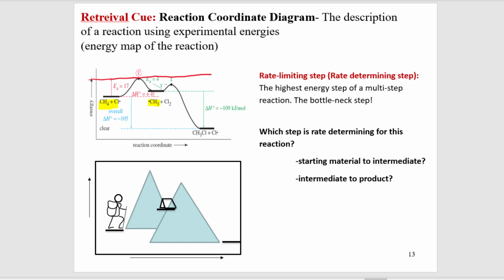It's not about the difference. We're going to talk about activation energy in a minute. We're only comparing the peaks to one another. Whichever is the highest peak is going to be the rate determining step.